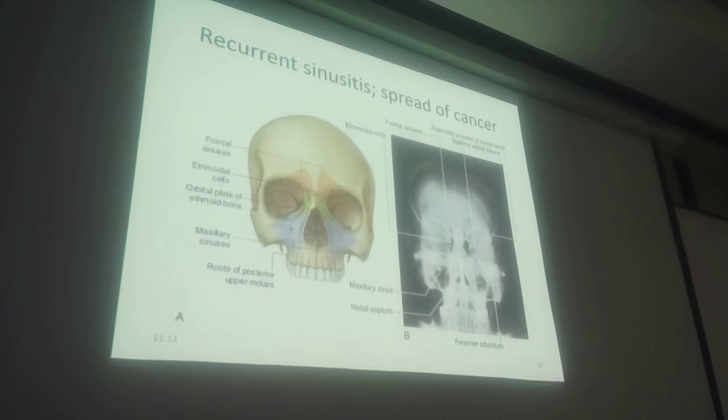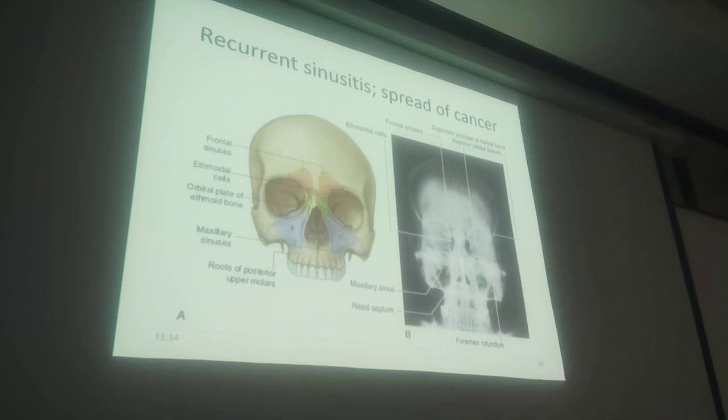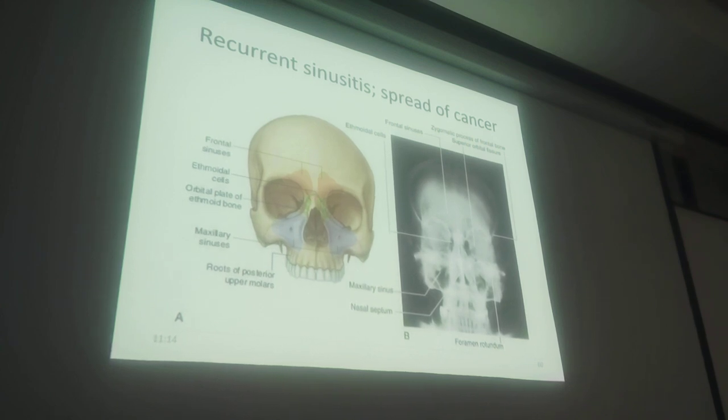If it moves backwards laterally, it will invade the infratemporal fossa and irritate the mandibular nerve. If it grows backwards medially, it will irritate the maxillary nerve in the pterygopalatine fossa. If it invades medially, it will cause erosion of the nasal mucosa and bleeding from the nose. So this maxillary sinus grows in different directions and produces different signs and symptoms.